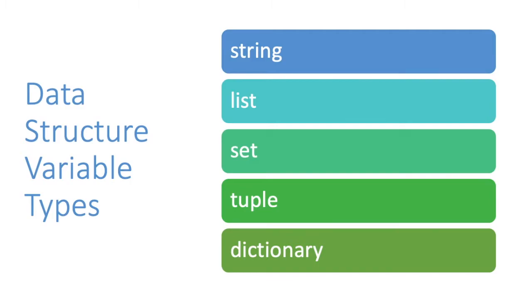Based on the label of our spices, let's say we're looking for salt, we can match that label to the container holding salt and take the salt out of our jar of spices. So we don't have to go through every single spice in our jar like we would have to in a list or a tuple. Rather, we can go directly to what we're looking for based on the key that we have.